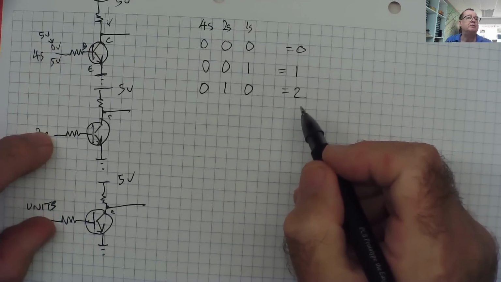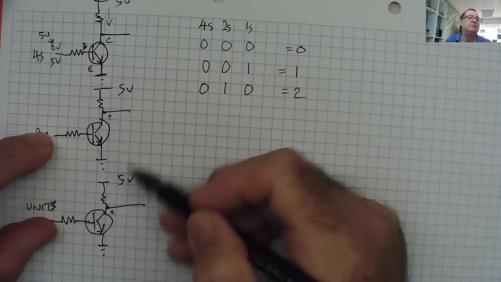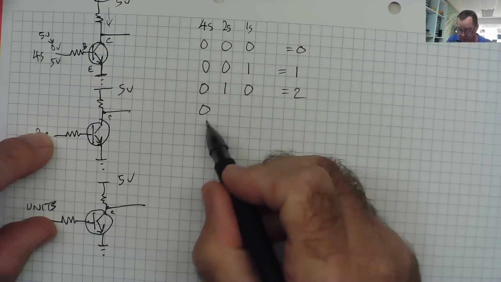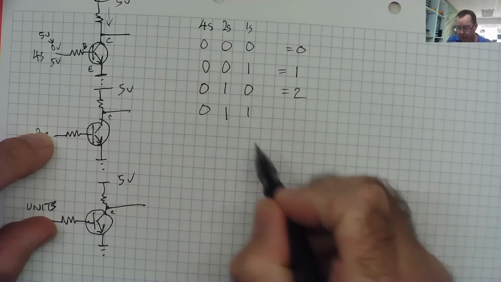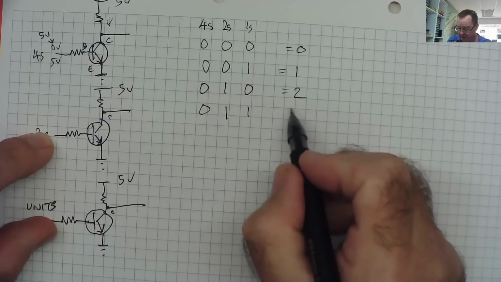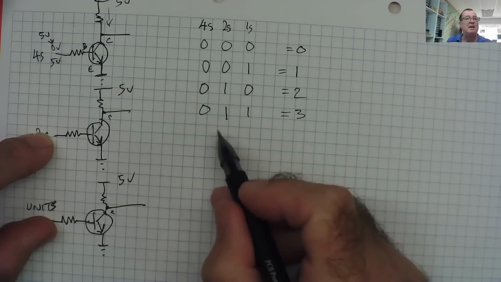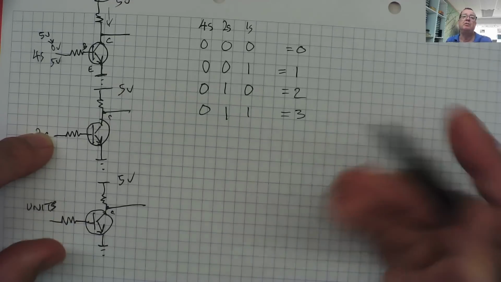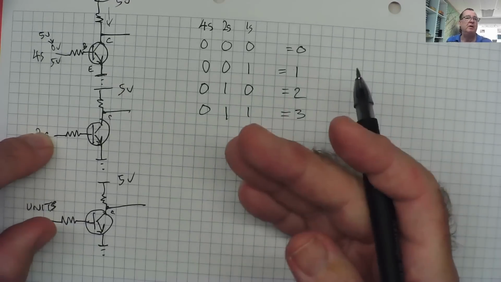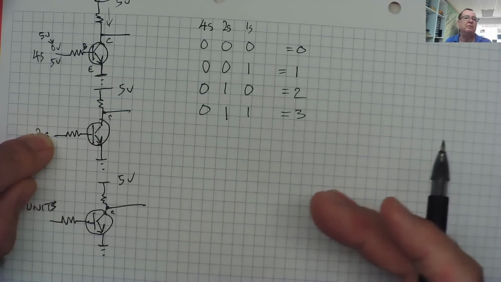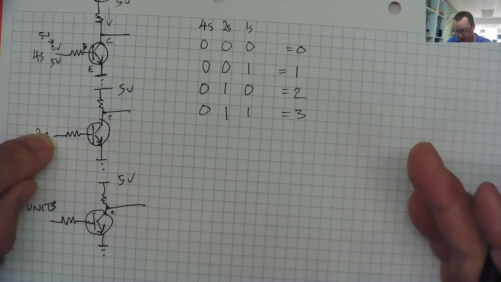Let's turn this one off as well. So now this is 5 volts, this is 5 volts, and that's 0. So we've still got no 4s, we've still got a 2, and we've also got a 1, and 2 plus 1 in decimal is 3. This, by the way, is not eleven, it's 1, 1 in binary. You don't call it 111, it's 1, 1, 1. That's how you work it in binary.